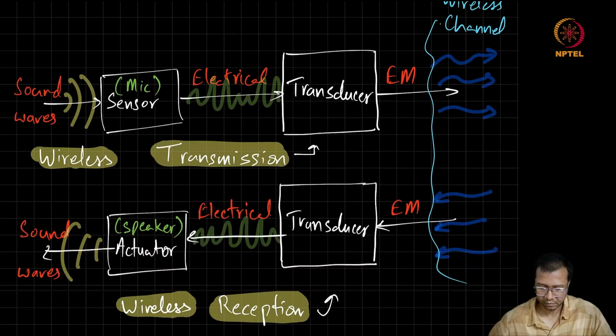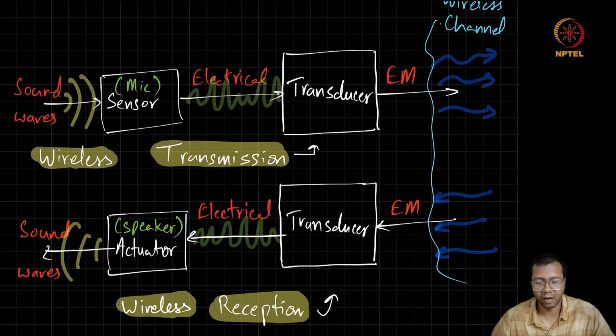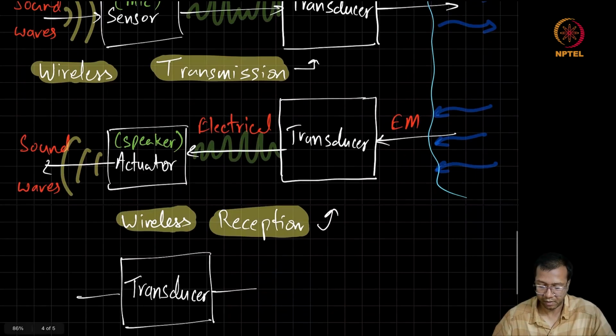What I'm saying is, we can think of a transducer which is passive in nature, so that the same transducer may be able to provide both functionality. So it can be reciprocal in nature, and if it is converting electrical into electromagnetic waves, it should also be able to take electromagnetic waves and convert back into electrical energy.